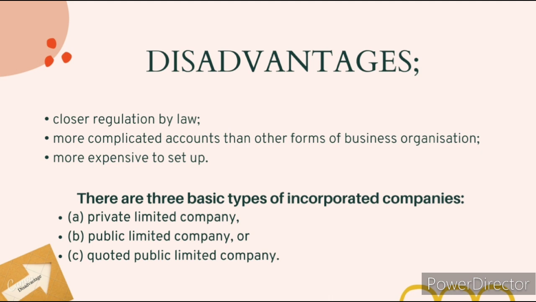When we say private limited company, this is a type of organization you can set up to run your business. Company ownership is split into shares owned by shareholders. A company must pay corporation tax out of any profits and can then distribute the remaining profits among the shareholders. When we say quoted public limited company, it means a company which has its equity share capital officially listed on a particular stock exchange.